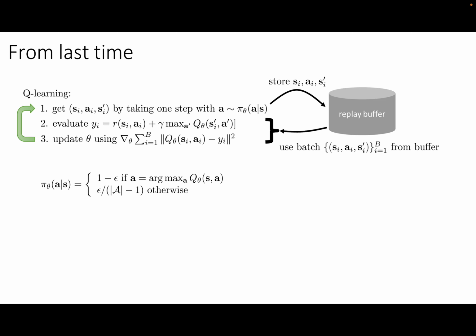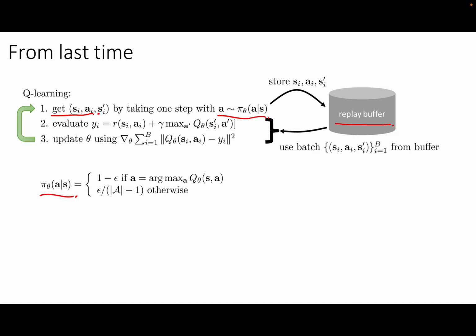This shows a summary of the previous lecture, right? We learned the replay buffer and the epsilon greedy approach to learn the optimal Q function. First we get data by taking one step with an action sampled from the policy network, which can come from our deep Q network.